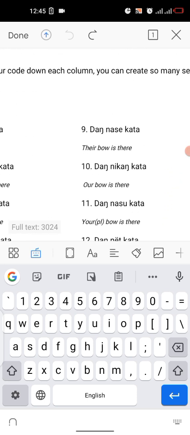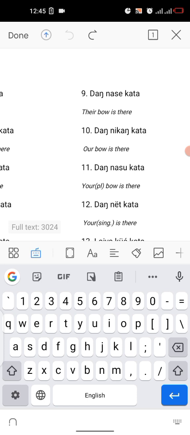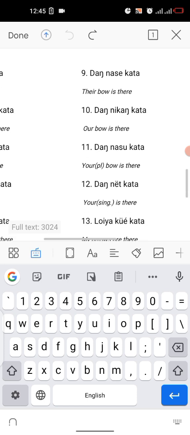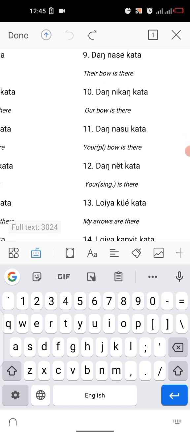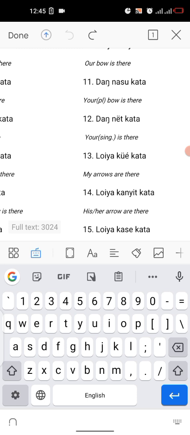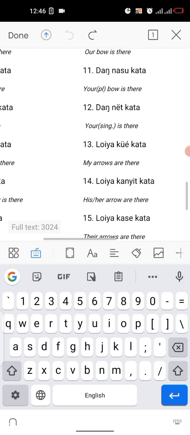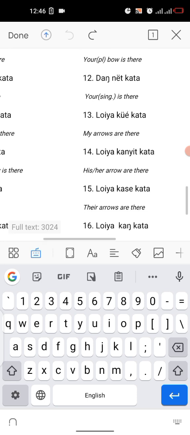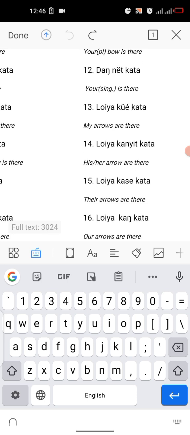Number 9, dang nase kata. Their bow is there. Number 10, dang nikang kata. Our bow is there. Number 11, dang nasu kata. Your bow is there. Here when you are referring to many people. Number 12, dang nit kata. Your bow is there.